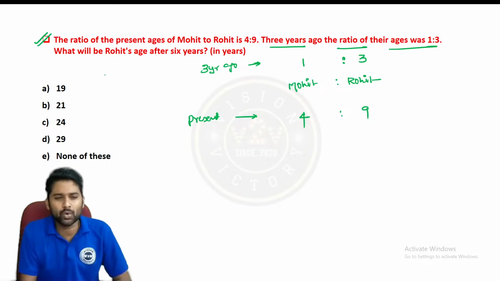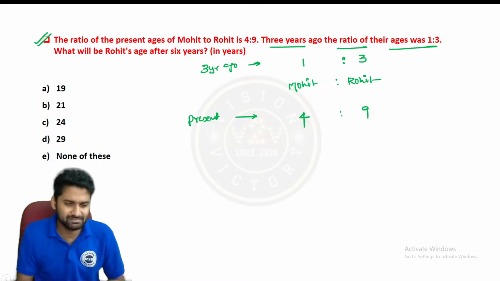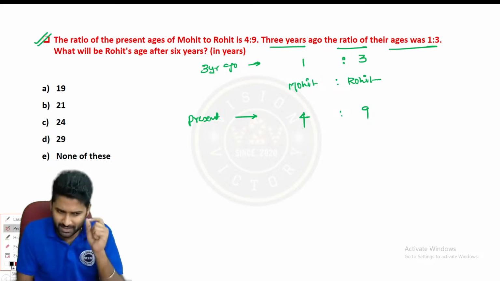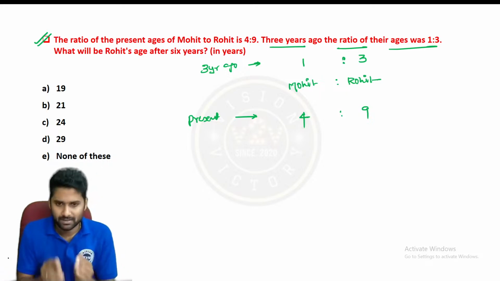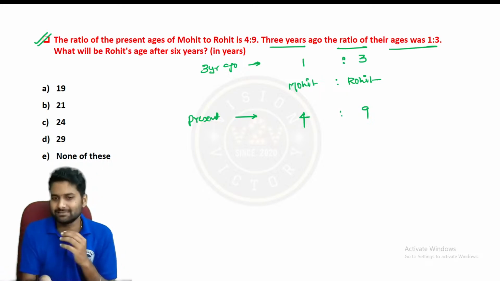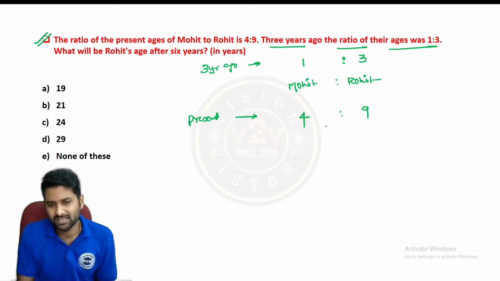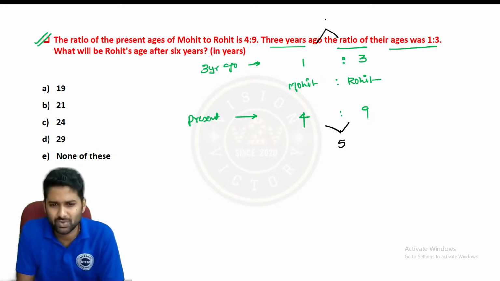Now, what will be Rohit's age after 3 years, guys? Only one important point. Keep this point in your mind. The difference of ages between the people is always the same. Now see how much difference you can see here, 5 units. How much difference you can see here, exactly equal to 2 units.